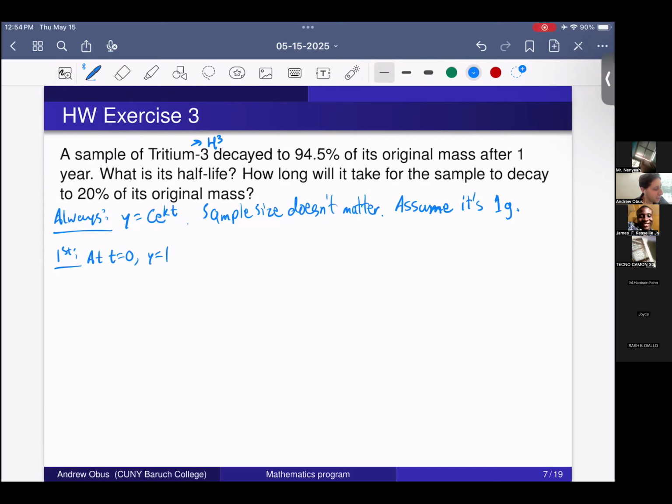So this tells us that 1 equals c times e to the k times 0, which is the same as 1 equals c e to the 0. e to the 0 is 1. That's the same thing as 1 equals c, so c in this case is just equal to 1.